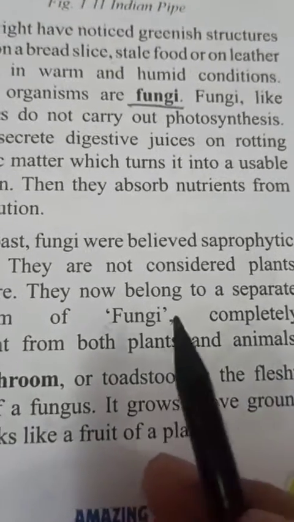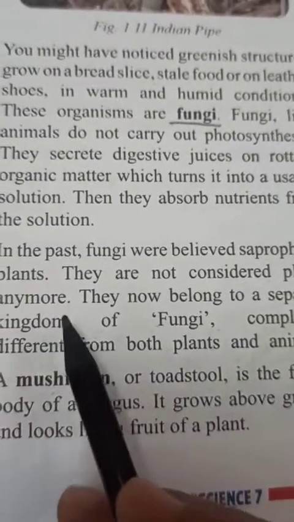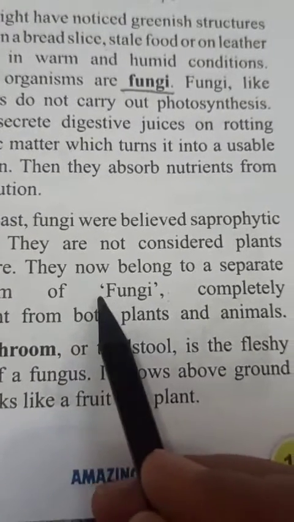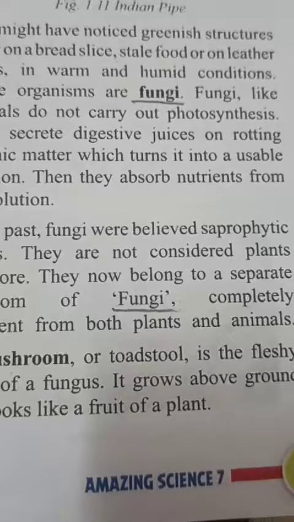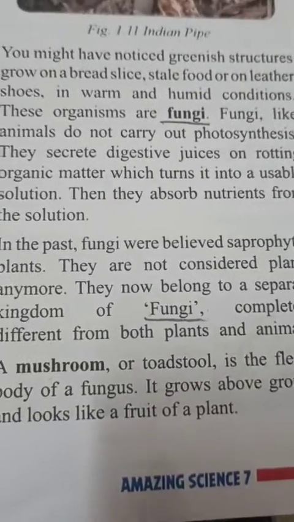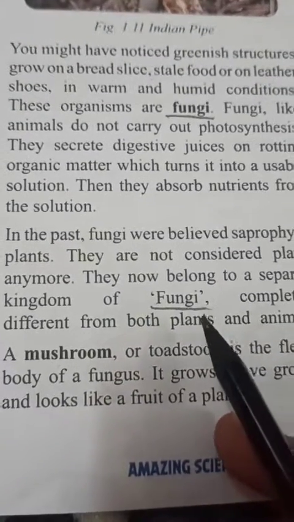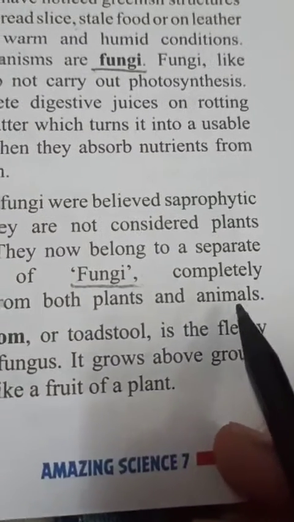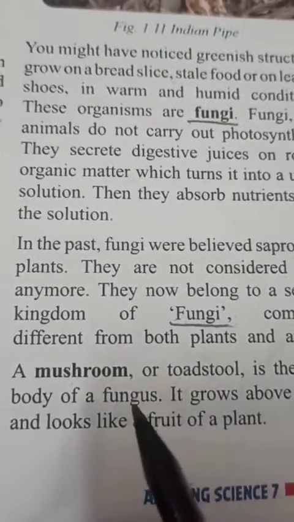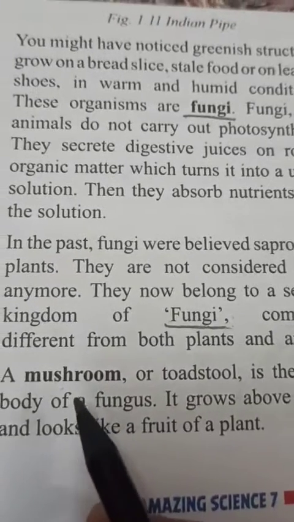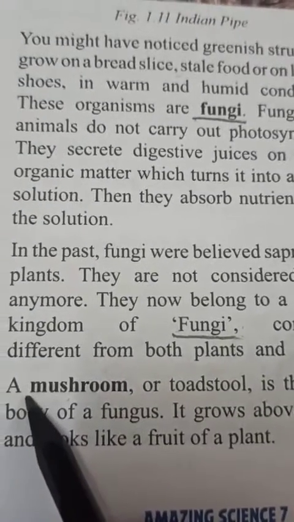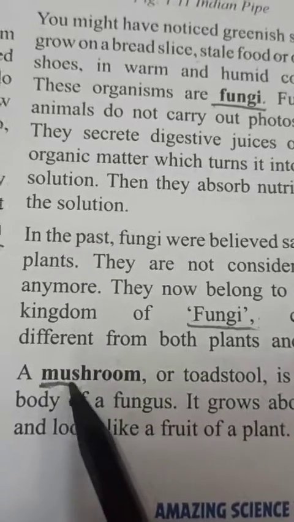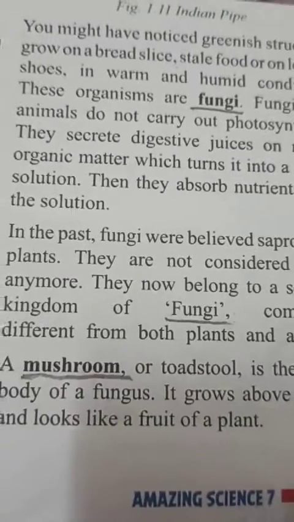Okay, so that's why they have kept under the separate kingdom. So fungi are organisms which are completely different from plants and animals. And best example of fungi you can take as mushroom, because it is our largest fungi which we can see easily.